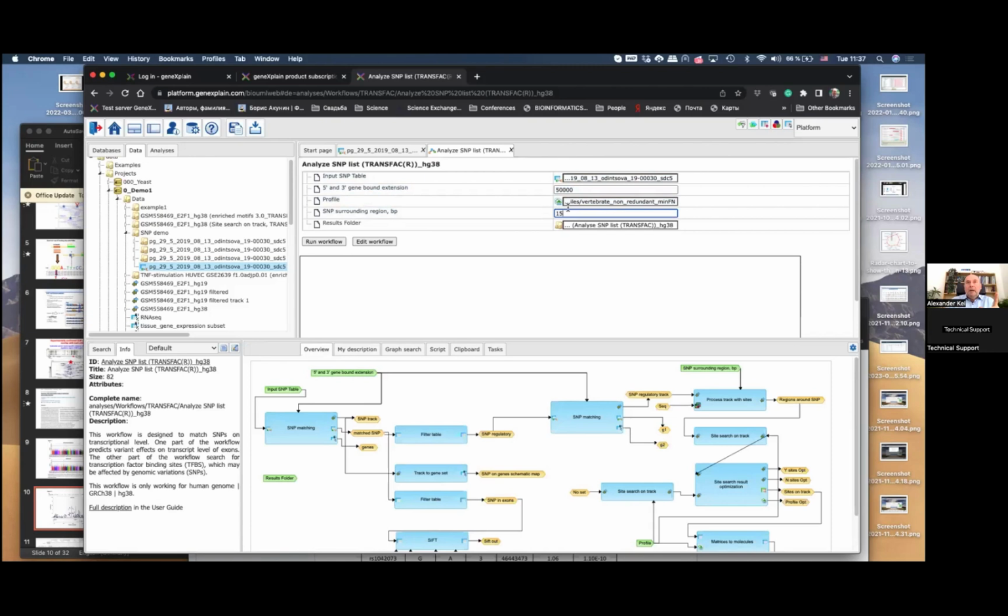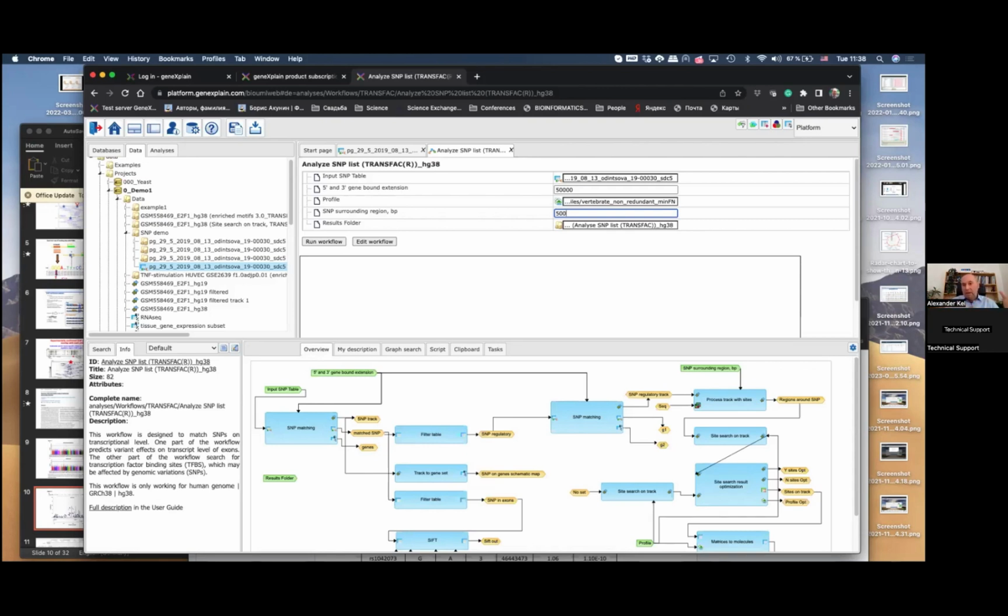And then the region which we analyze around the SNP will answer the second question. Now it will answer about those motifs which are enriched in the region around the SNP. Not yet the motifs which are affected by the SNP itself, but the motifs which are enriched in the region.